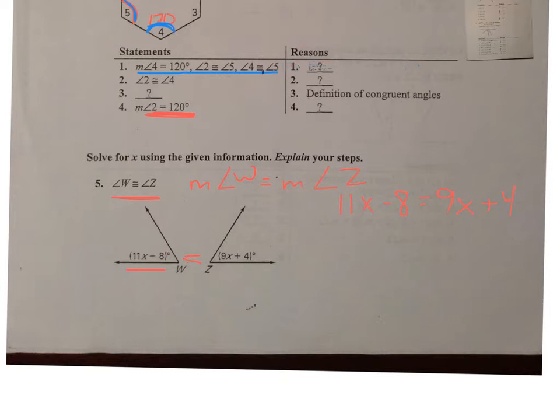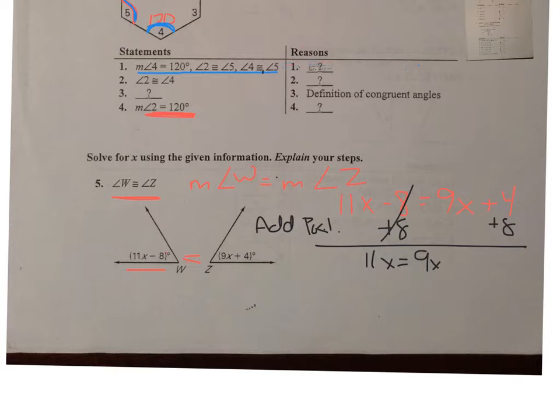All right, well, let's do our algebraic proof. First off, I'm going to add 8 to both sides. Why am I allowed to add a number to both sides? As long as it's the same number, that is our addition postulate. Okay, that cancels to 0. 11x is equal to 9x plus 12. Okay, all right, well now I'm going to subtract 9x from both sides.